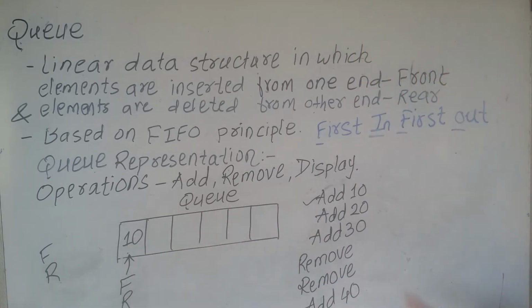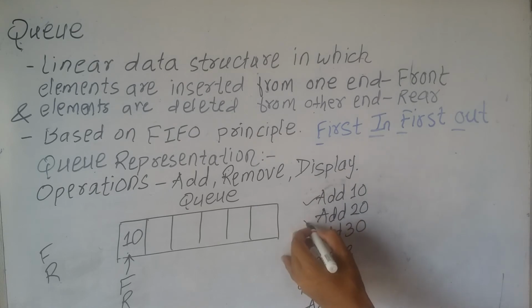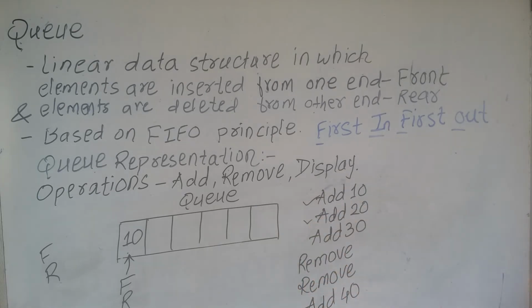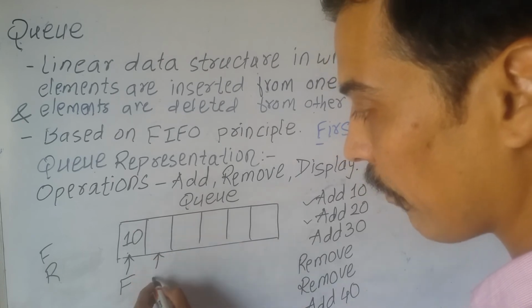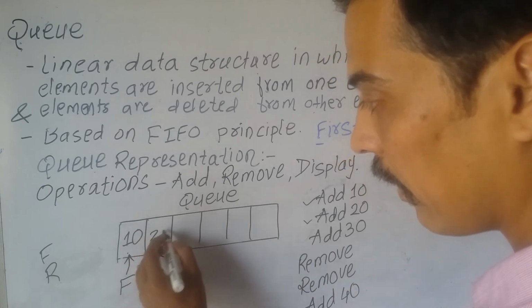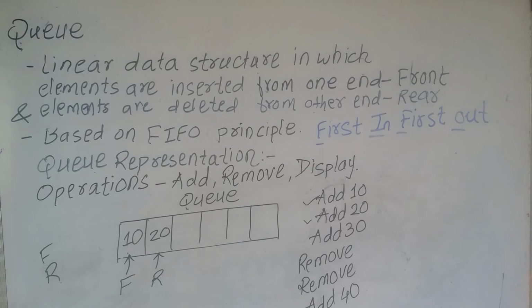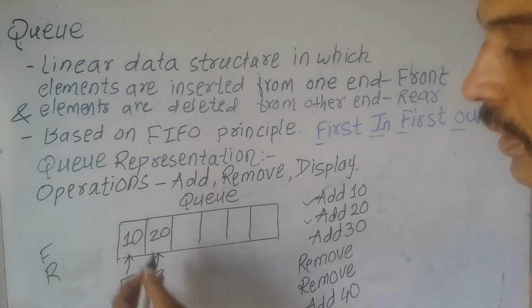So when I perform the first operation, add 10, the front and rear are pointing to the same element 10. Then when I perform the second operation for adding the element 20, only the rear pointer is incremented, and there the 20 is stored. The front remains as it is to show that this is the first element.